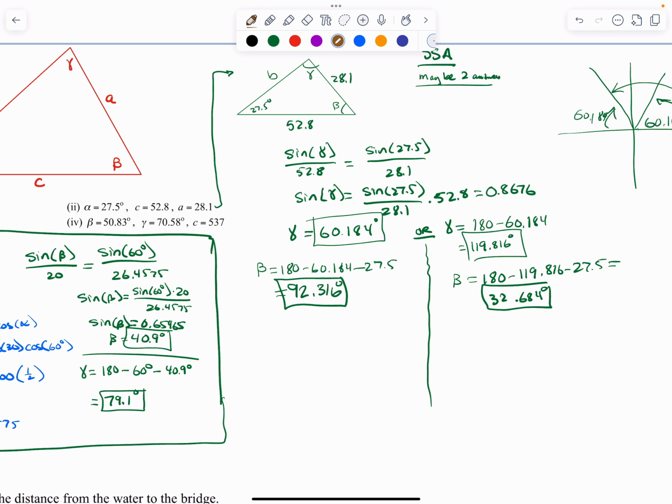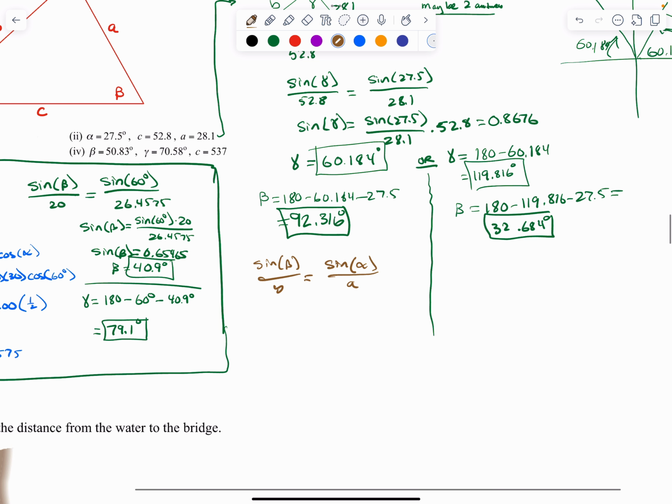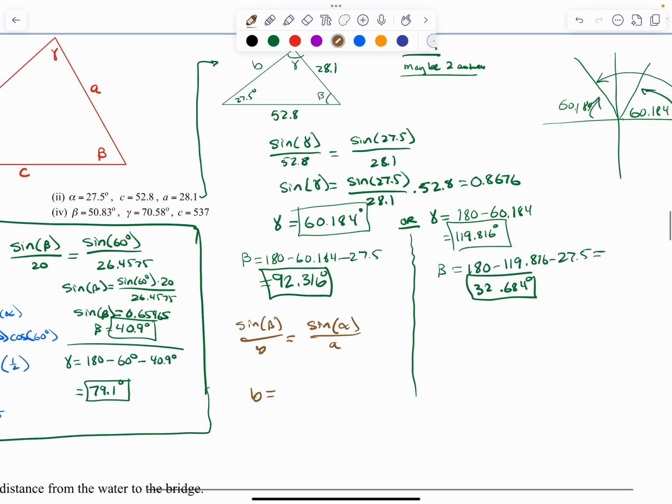And so for the final side, we have the sine of beta over b is equal to the sine of alpha over a. Okay, so b ends up equaling, where are my numbers? 28.1 is a, sine of alpha, and sine of 92.316.